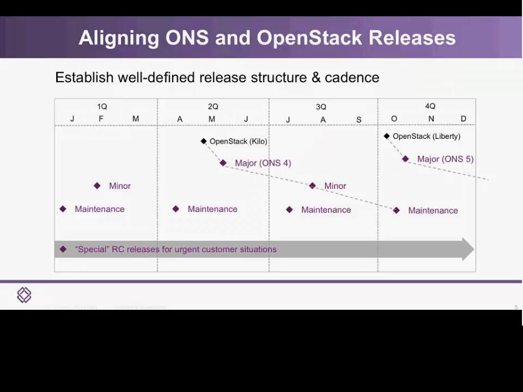It should have arrived in Q1. But what we're going to do is have a quick turn. We're going to release ONS 3.0 and then quickly turn around at the Vancouver Summit and also announce our next releases. So again, that's, as Valentina said, confidential, but hopefully this gives you a good idea of what to expect from PLUMgrid relative to releases and how we're trying to align with the OpenStack ecosystem.